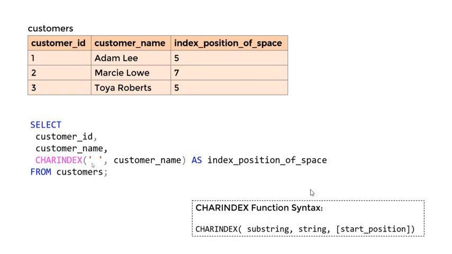In this case, we want to find a single space. The second argument is the string to search in, which column. We want to search within the customer name.